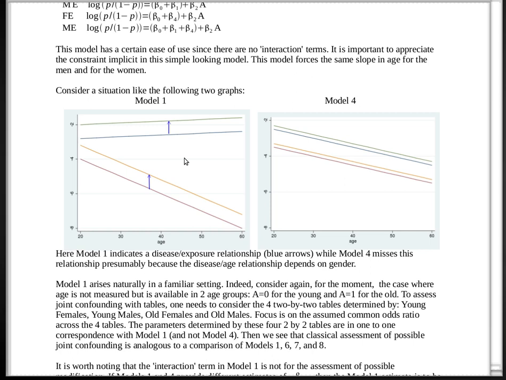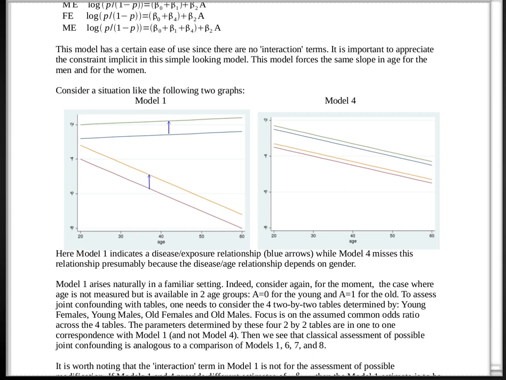We came up against Model 1, or saw Model 1 and Model 4, when we had just age groups. Just to take you back to that. Model 1 arises in that circumstance, where we have two 2x2 tables for the young, and we have two 2x2 tables for the old. We have the four 2x2 tables.